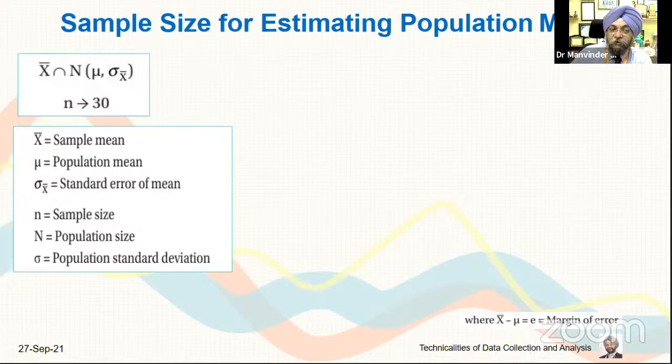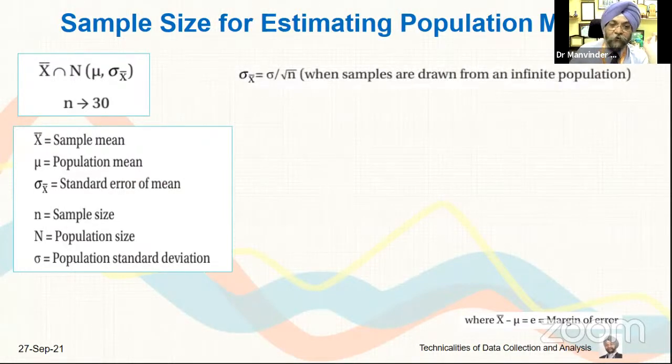X bar represents the sample mean, mu is the population mean, sigma X bar is the standard error of the mean, small n is the sample size, capital N is the population size, and sigma is the population standard deviation, whereas small s is the standard deviation of the sample.